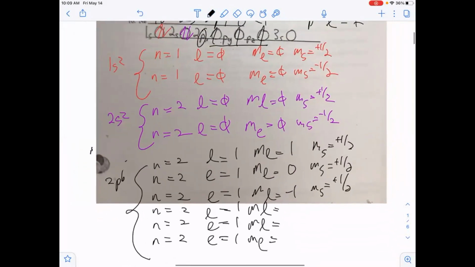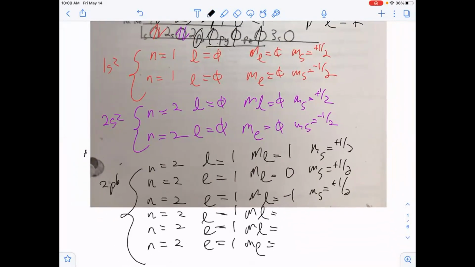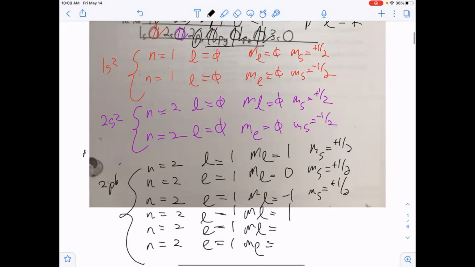So I've got the first 3 electrons that go in, 1, 0, -1. And again, it doesn't really matter the order you do it. And then I double them up. So then I go back and I put their buddy in, but their friend has to be spin down.